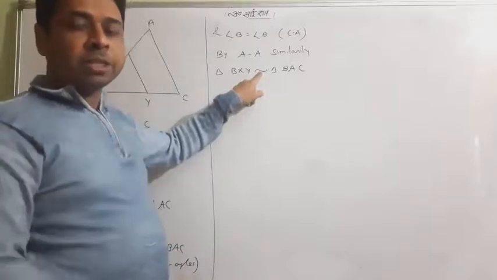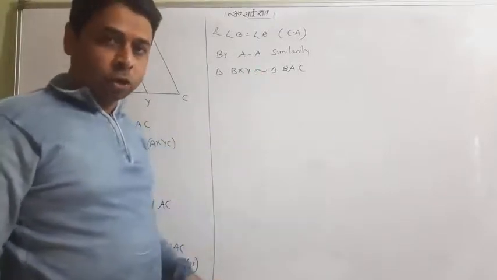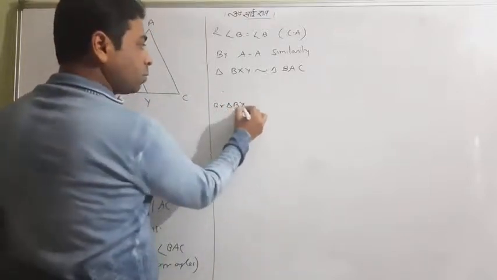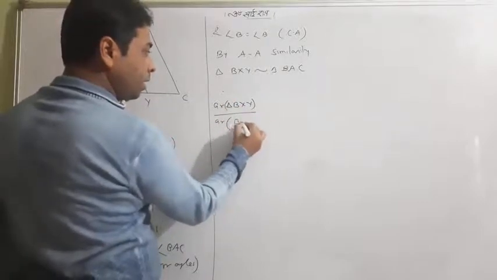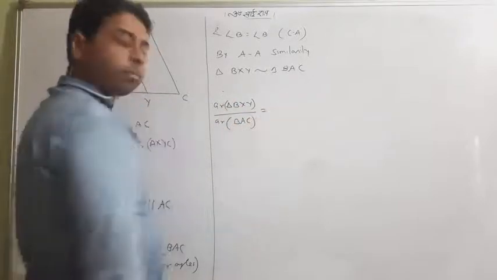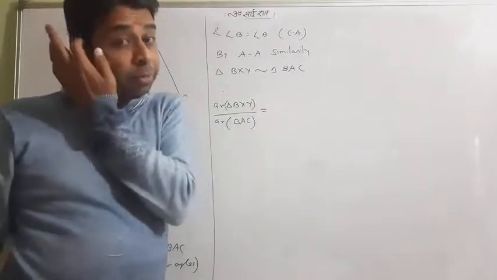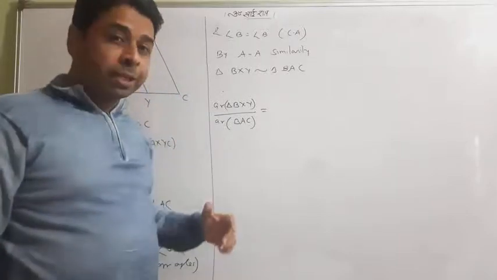Now I will use the same law that we recently saw. Therefore, area of BXY upon area of BAC is equal to, you know, three things can come, but we will take only the one which is actually useful. What corresponding side will we choose?